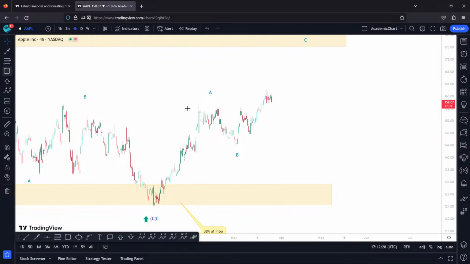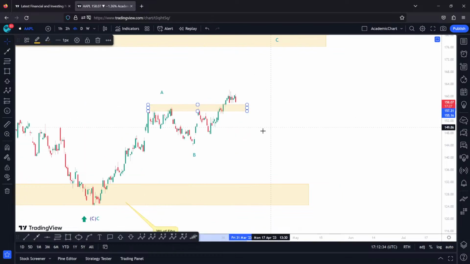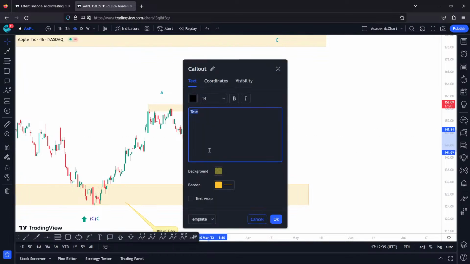But now I guess it's time to talk about our previous analysis. This was the point, I guess, in our previous analysis. Again, if you are interested, the link is in the description. But this is the point that we were talking about and analyzing.